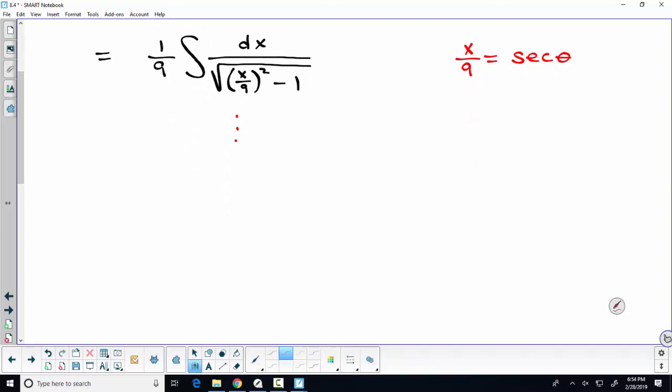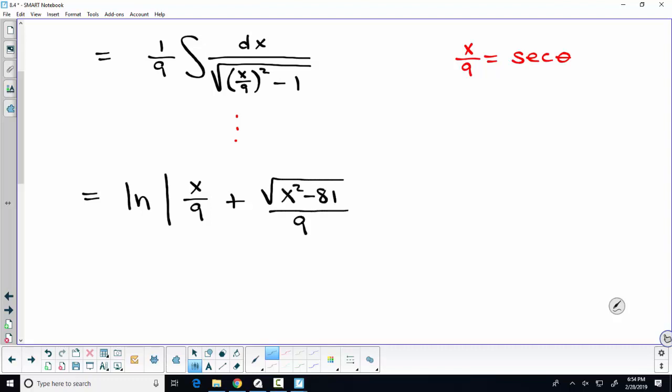Setting that up, the final result is ln absolute value of x over 9 plus the square root of x squared minus 81 all over 9, and then we have plus our constant. And the same trick we applied to the last example, we could apply here.